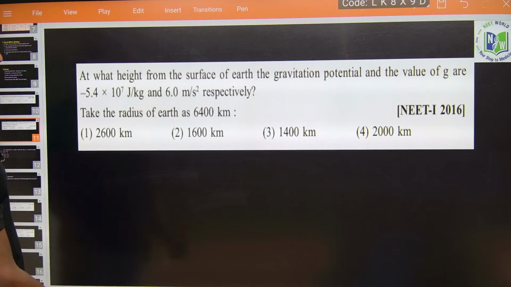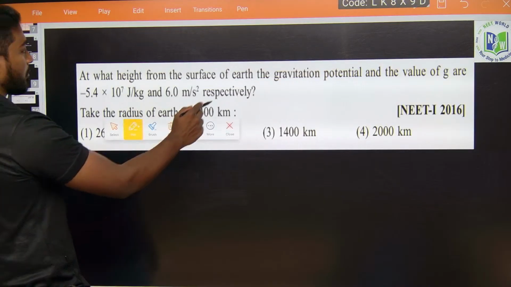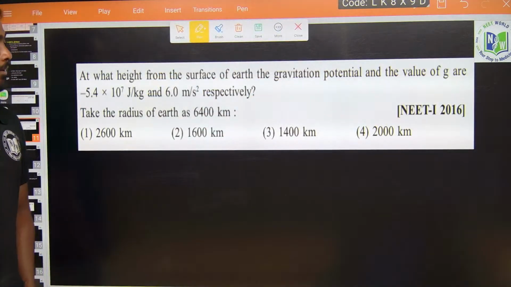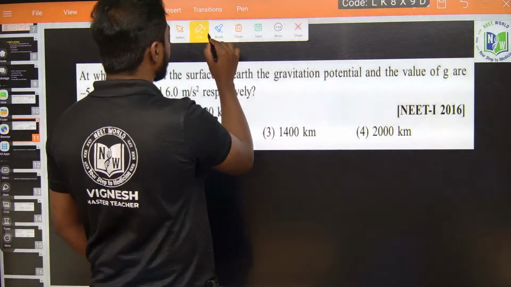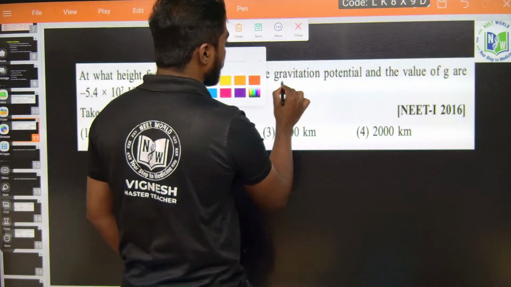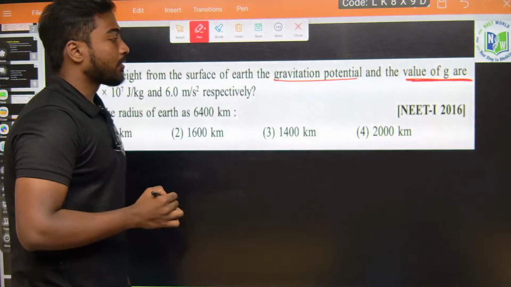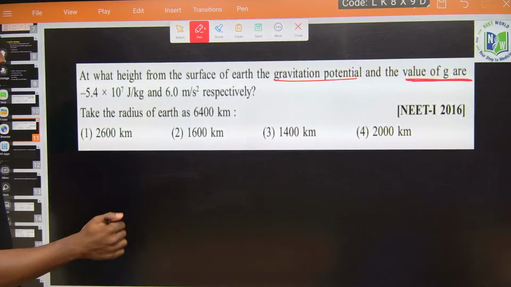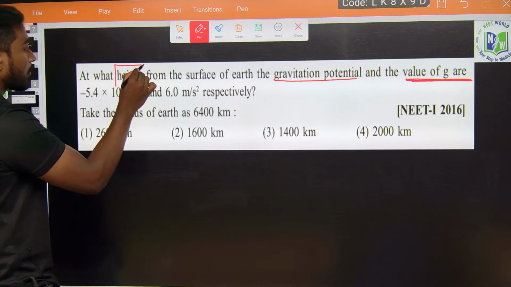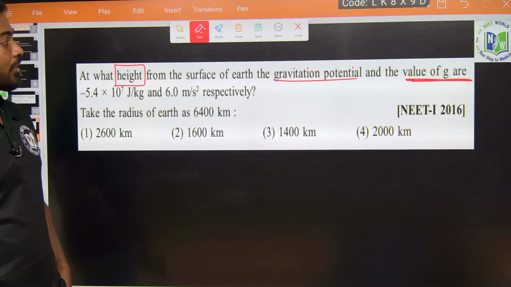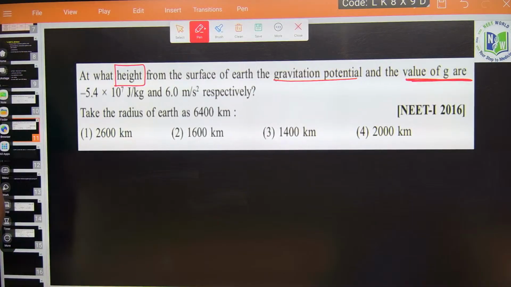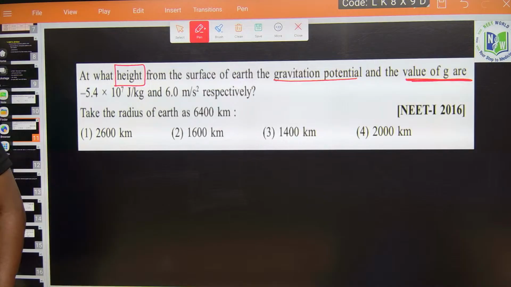What is the relation? Gravitational potential is one of the equations here, along with g. From these two equations I need to find the height. What are the equations first of all?